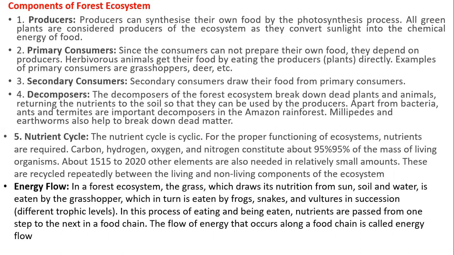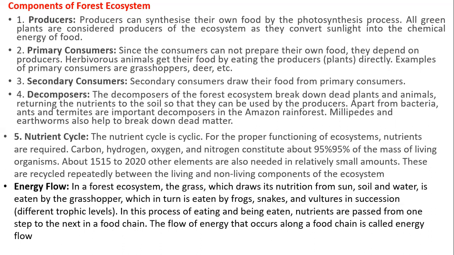The primary consumers are those which feed on the plants directly. Examples include grasshoppers and deer. Secondary consumers are those which feed on the primary consumers for food. Decomposers break down dead and decaying things and use them as food. They can include ants, termites, bacteria, millipedes, earthworms and others.